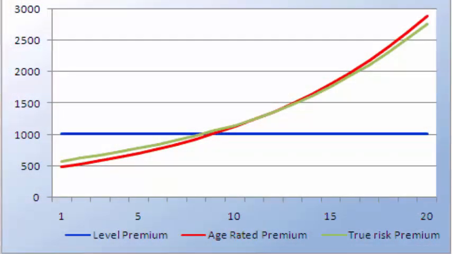Because typically for R1 million insurance, your level premium will be higher than your age-rated premium. But there will be a point in the future where you will actually start paying more on an age-rated basis than on a level basis. So talk to your financial planner about structuring your premium growth correctly.